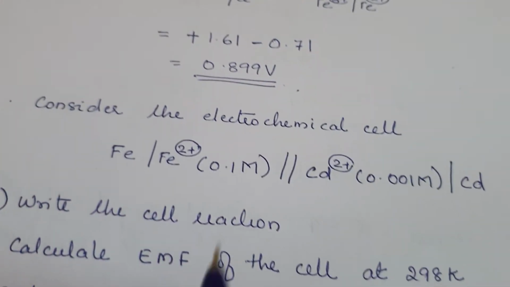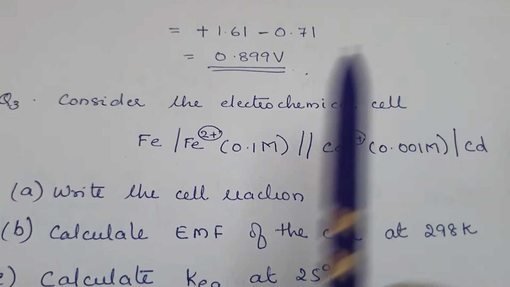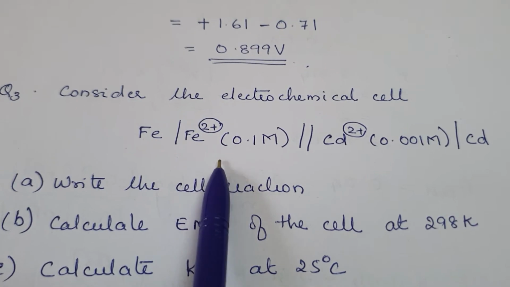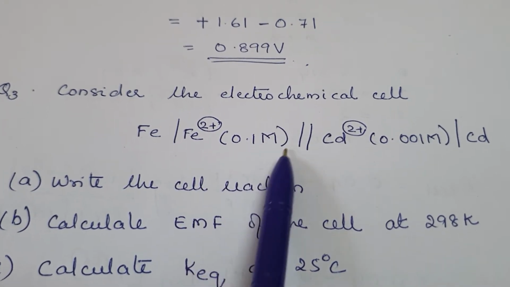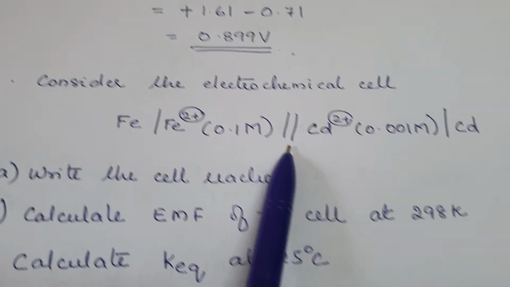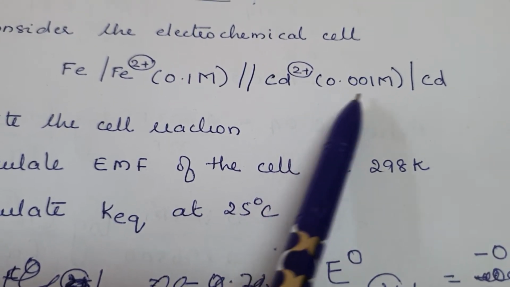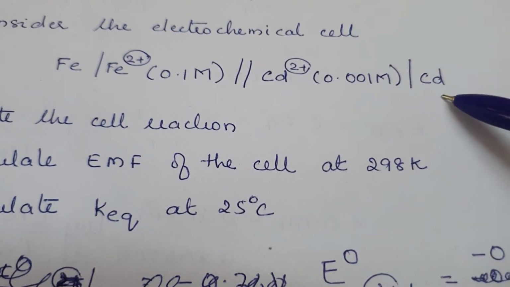Now another question, consider the electrochemical cell: Fe bar Fe2 positive. Concentration of Fe2 positive is given as 0.1 molar. Salt bridge, cadmium 2 positive, concentration is 0.001 molar, bar cadmium.